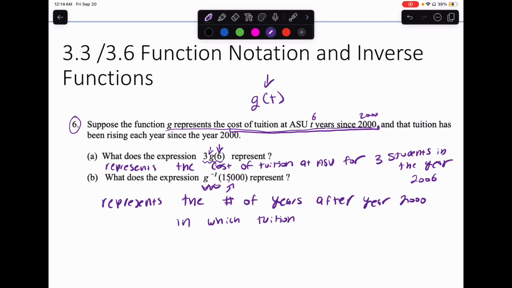tuition cost is 15,000. So again, let's go over this one more time. When we look at 3 times G of 6, our input quantity is T years since 2000. And focusing on this whole thing, our output is the cost of tuition given that many years.